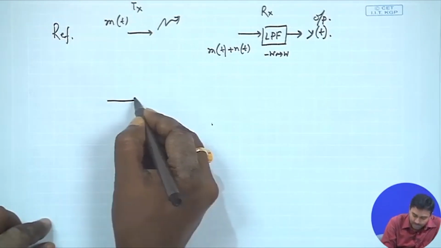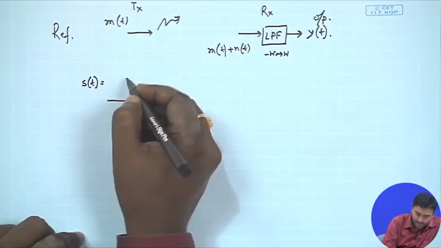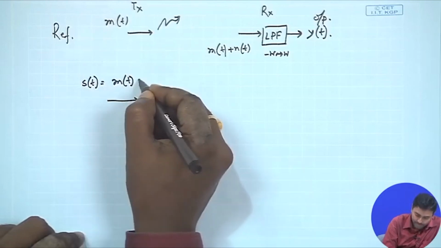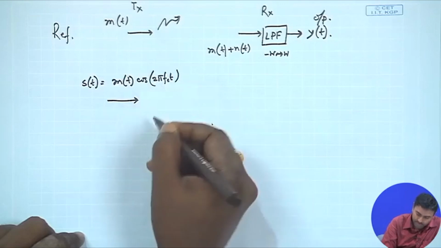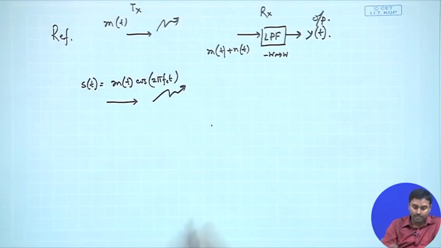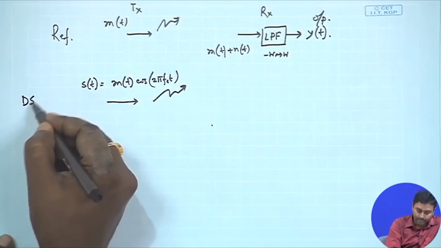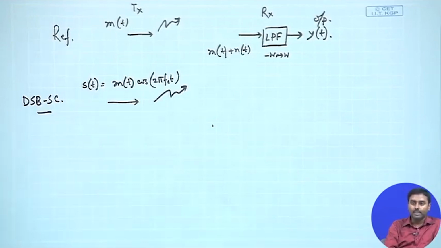Next, I will put a modulated signal which is nothing but s(t), which is equal to m(t) cos 2 pi f_c t. So, this I will transmit. This is for DSB-SC, so we are trying to now analyze the whole system for DSB-SC.